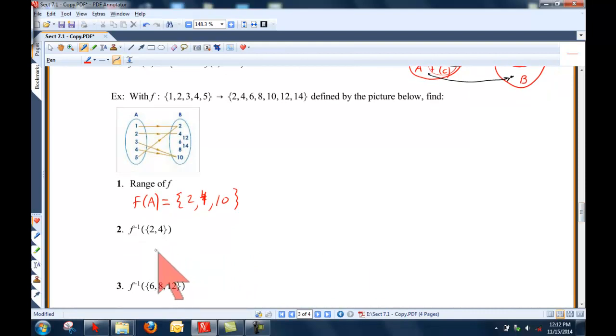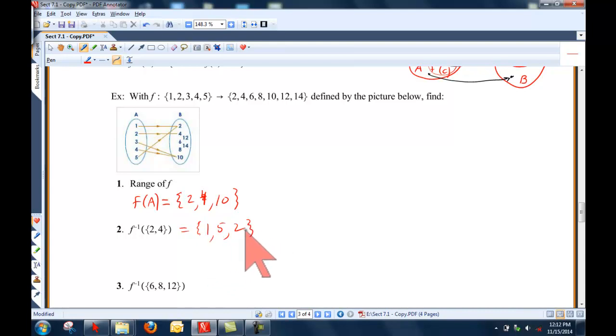And what about the inverse image of {2, 4}? So the set C is the set {2, 4}. So it's the set of everybody in the domain which either maps to 2 or to 4. What is that? Well, 1 maps to 2, and 5 also maps to 2, and 2 maps to 4, and that's it.